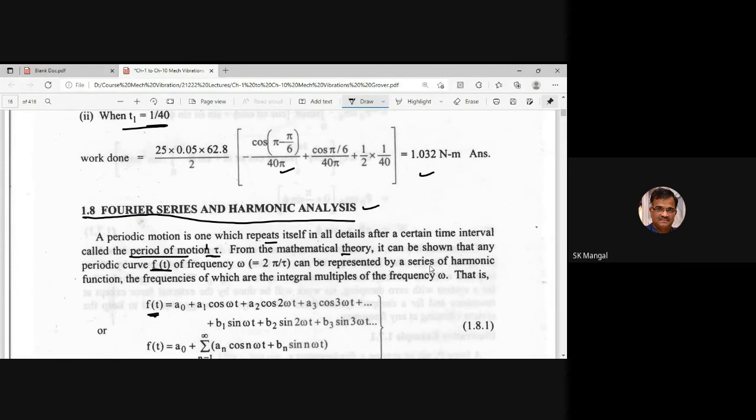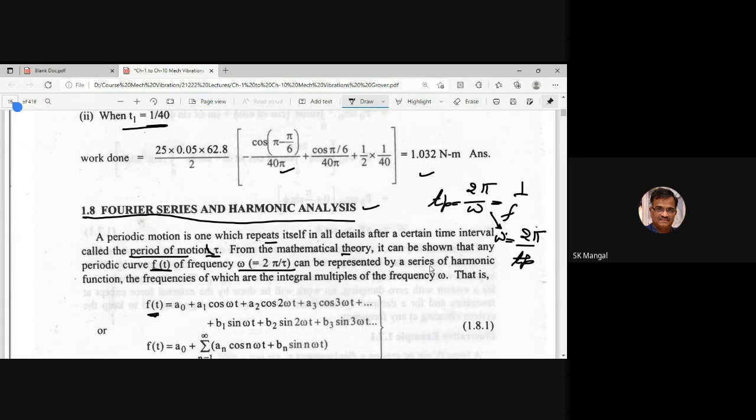If you know the time period, you can find the frequency, omega is equal to 2 pi upon the time period, nothing but 2 pi upon tau.